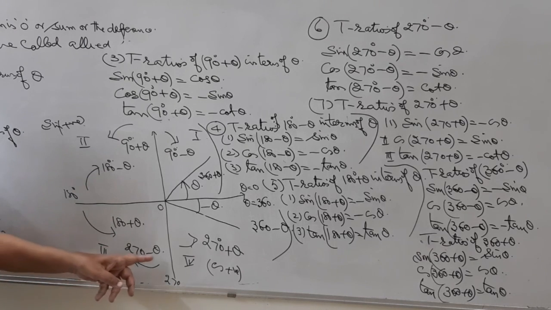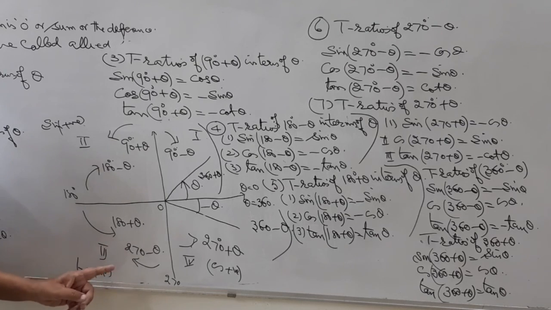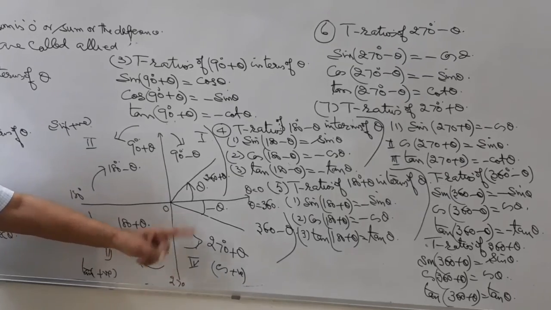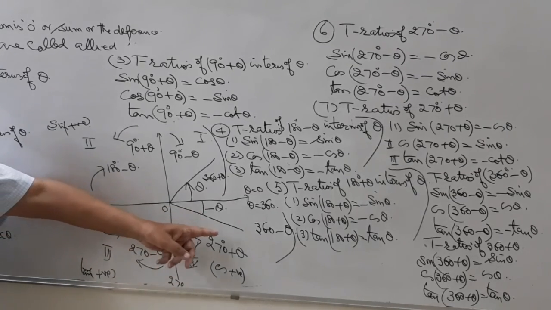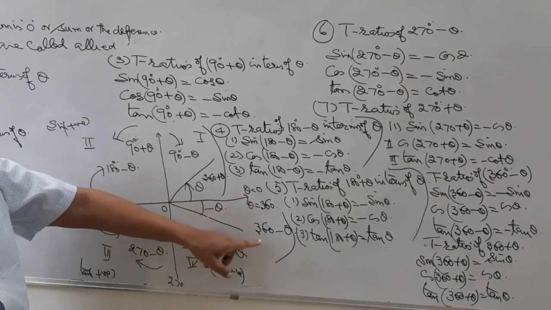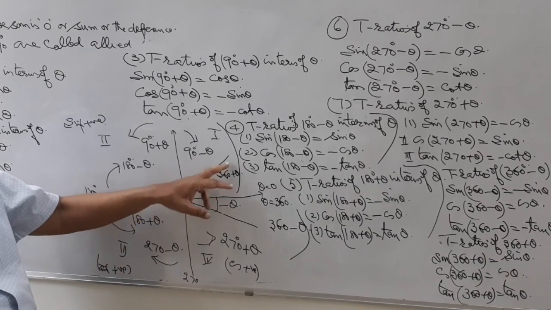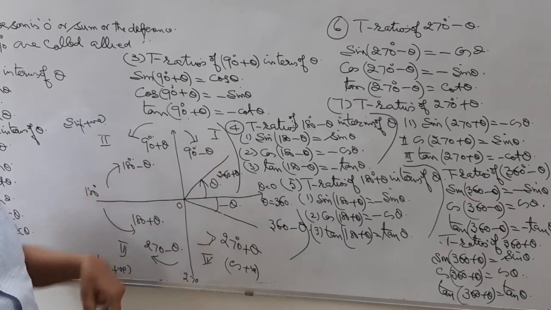But 270 minus theta means the third quadrant. 270 plus theta means the fourth quadrant, or 360 minus theta, the fourth quadrant. One revolution is complete, 360 plus theta, again the first quadrant.